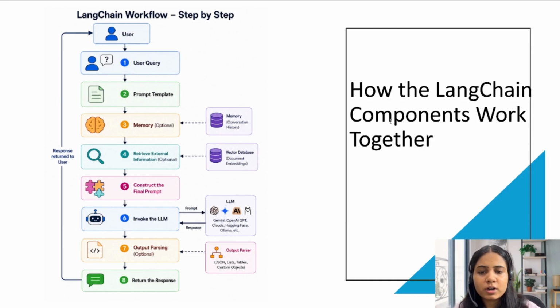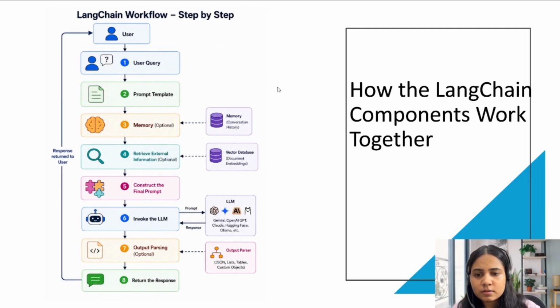Whatever components we do not want, we will not use. It depends on the application. For example, a simple chatbot may use only a few components, while a RAG application or any AI agent will use many more.